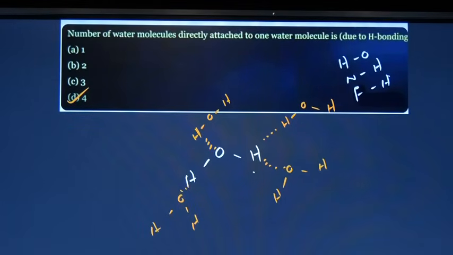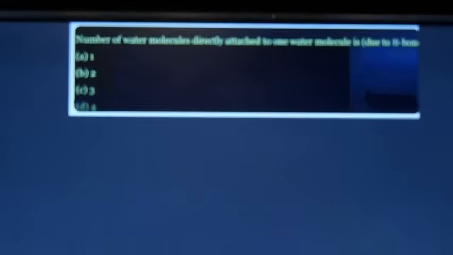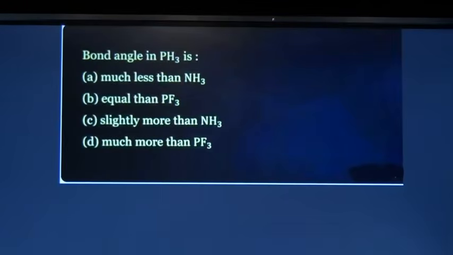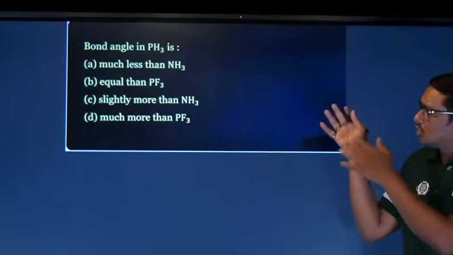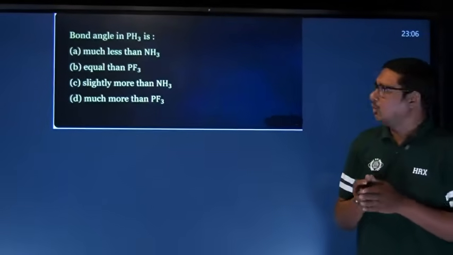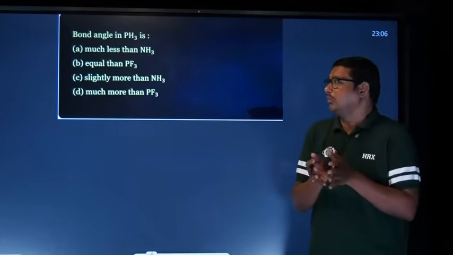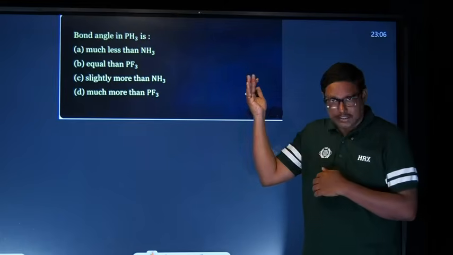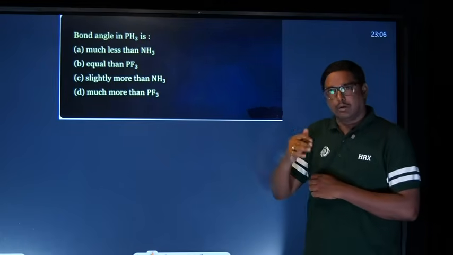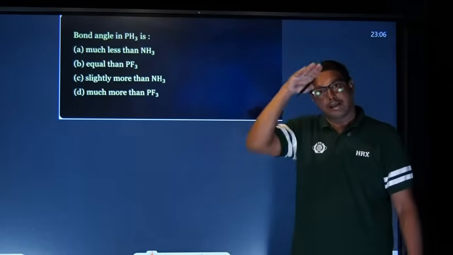So next question. The bond angle in the PH3 molecule. This question is from 5A group elements. In 5A group, 6A group, or 7A group elements, in hydrides, if you go from top to bottom, the bond angle decreases.